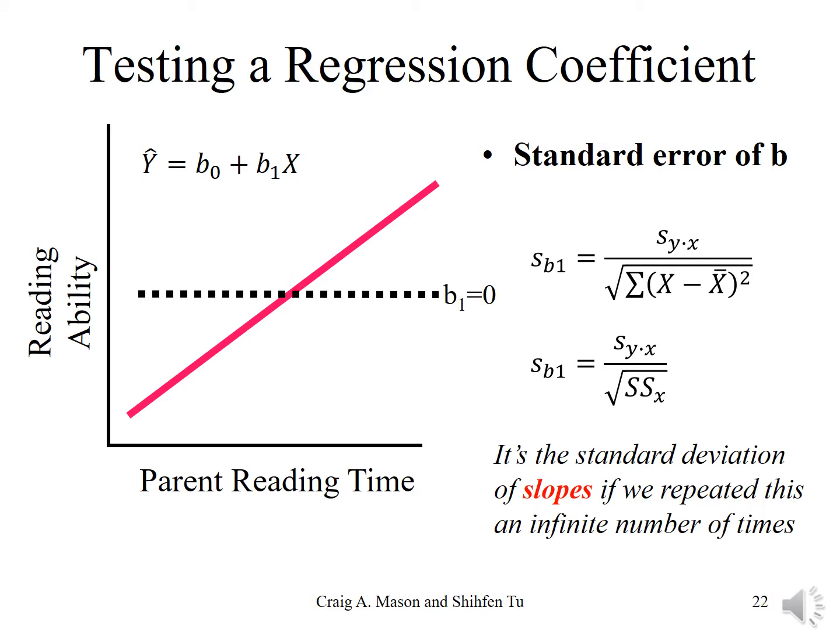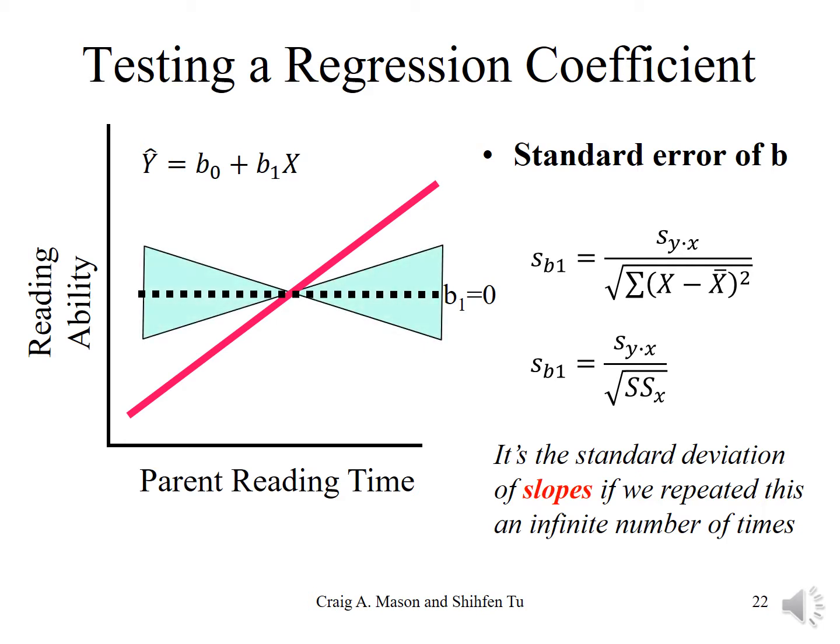Even if the null were true and the slope in the population really is 0, any random sample will probably not have a slope that's exactly 0. It may be a little greater than 0 or a little smaller than 0. If we collect an infinite number of samples and graphed all of their slopes, we would see a distribution of slopes, centered on 0, but a little positive half of the time and a little negative half of the time.